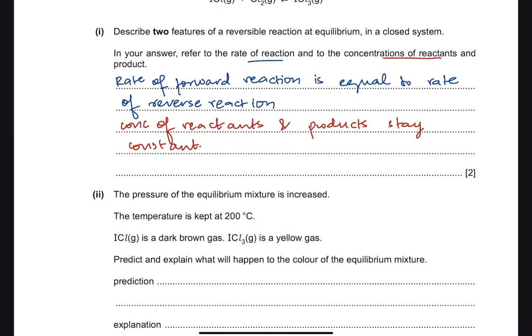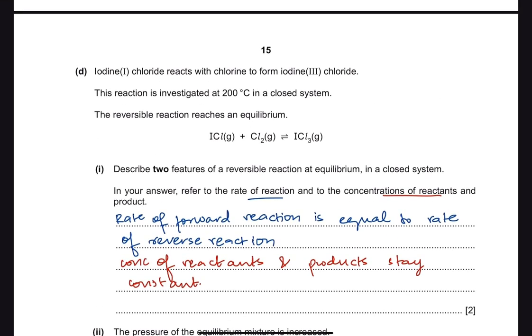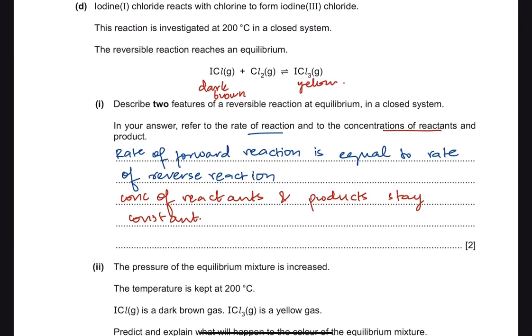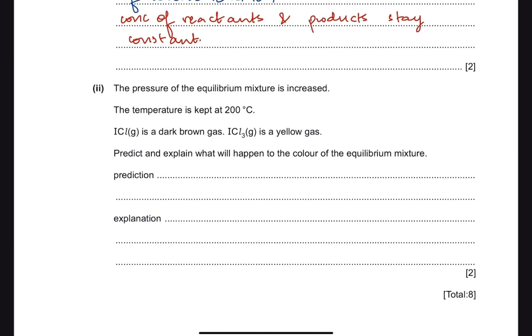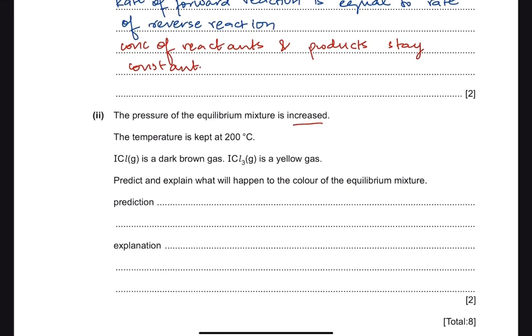Moving on. The pressure of the equilibrium mixture is increased, the temperature is kept at 200. ICl is dark brown, ICl3 is a yellow gas. Prediction. So what's my prediction about the color of the equilibrium? If pressure is increased, it will favor the side with fewer gaseous moles.